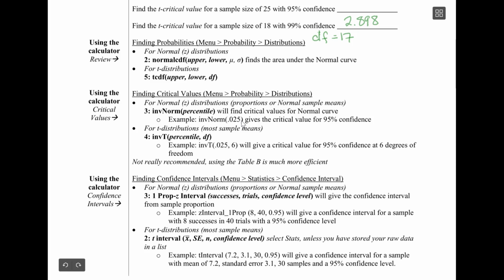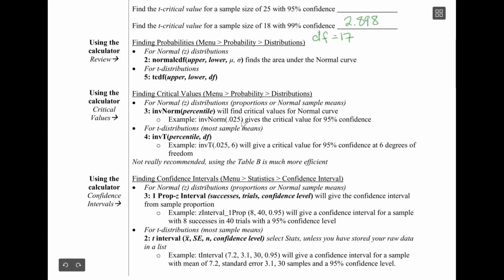Also, if you needed to find critical values, you could use inverse norm on your calculator, which we've talked about before, if you have a normal distribution. Now, if you have a t-distribution, you can also use inverse t, where you put in the percentile again, and now you need to add the degrees of freedom to make that adjustment.